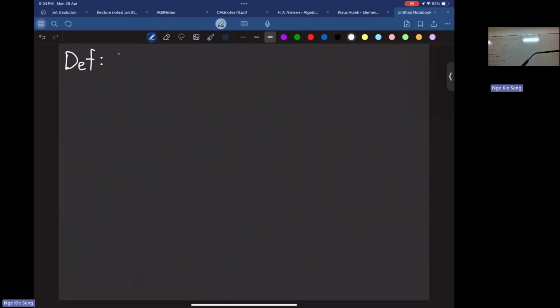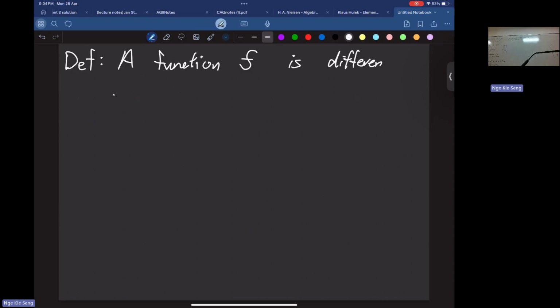So I will say that function f is, let's say, differentiable at the point x equals p if the following limit exists.